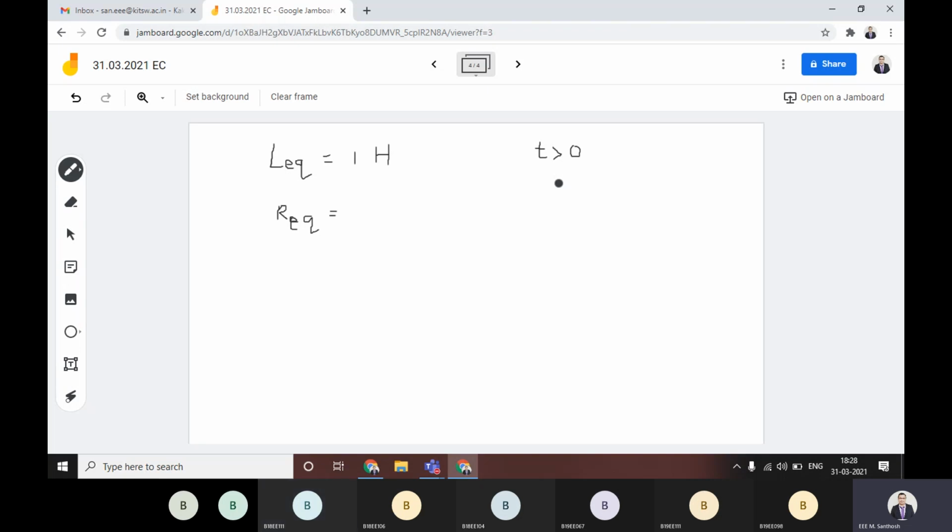Not series. Whenever both the resistances are parallel, R equivalent is equal to 2 into 2 by 2 plus 2. You know already this one. How much are you getting? Obviously 1 ohm, right?